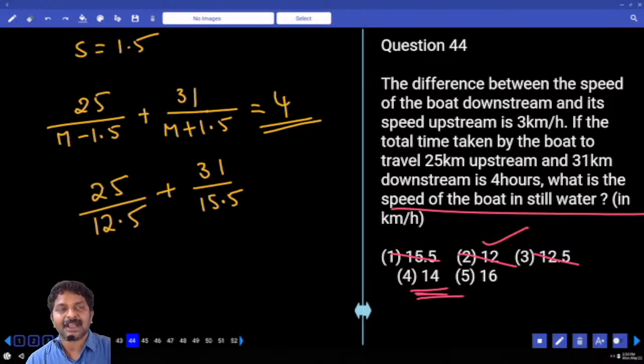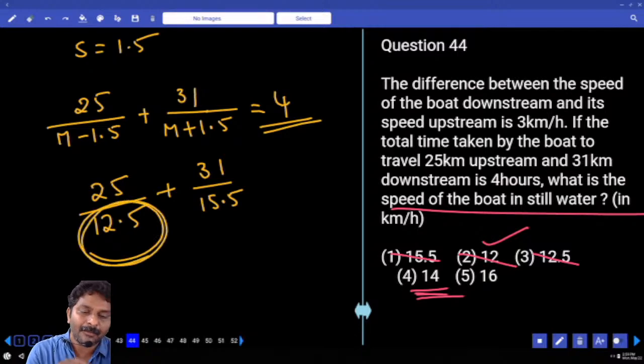Otherwise, you need to start with the first option onwards. In the denominator, we need a decimal. That means m cannot be a decimal number. If it is an integer, when you subtract 1 and a half, then only you will get 0.5.